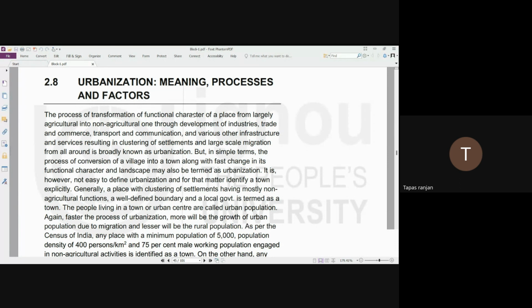Although there are different parameters by which we can say this area can be termed as an urban place and these areas cannot. When we study settlement geography, we will study urban settlement and rural settlement, and we'll briefly discuss which places will be termed as urban places.